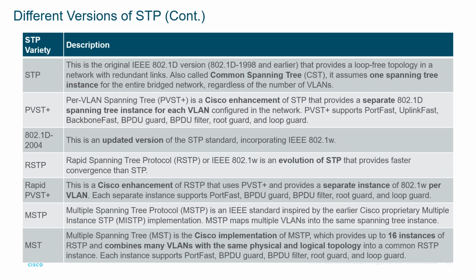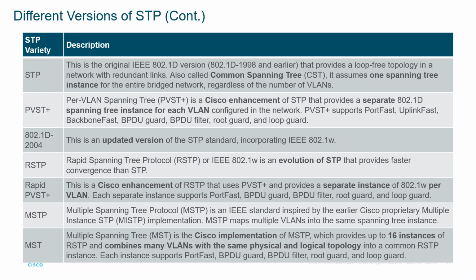So, different variations of STP, you can go ahead and read all these. It starts with STP, which is the original version of IEEE 802.1D from 1998. It provides a loop-free topology in a network with redundant links, also called common spanning tree. It assumes only one spanning tree instance for the entire bridged network, regardless of how many VLANs you have.